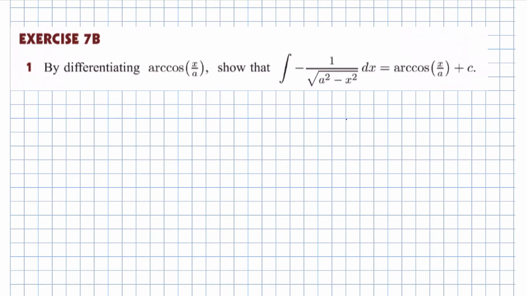Okay, so if we know that y is equal to arc cosine x over a, then the first step we did before was to say, well, let's get the inverse of this, so we get back to a cosine function that we can find the derivative of easily using our rules.